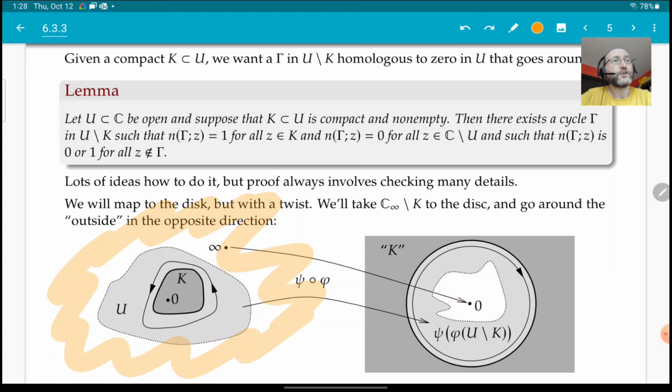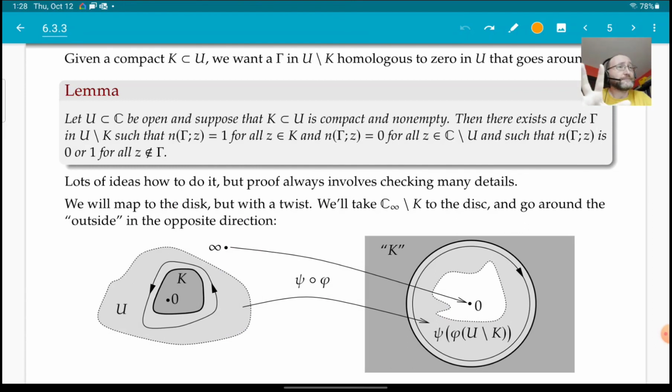So you can go around wherever the outside went, by tracking sufficiently close, going around very near the boundary of your disk, because this inside is compact in your disk. So you can definitely go around some circle of radius R.